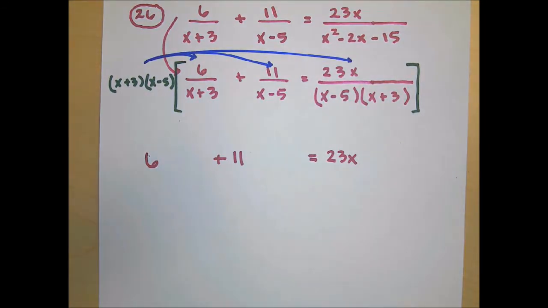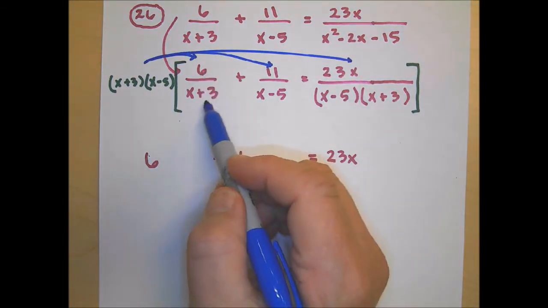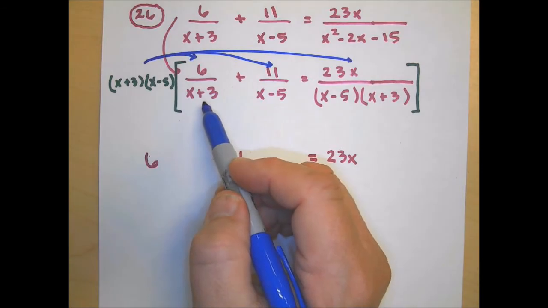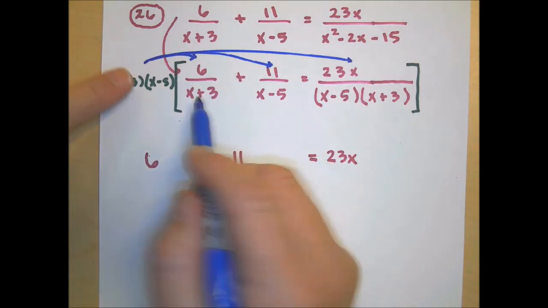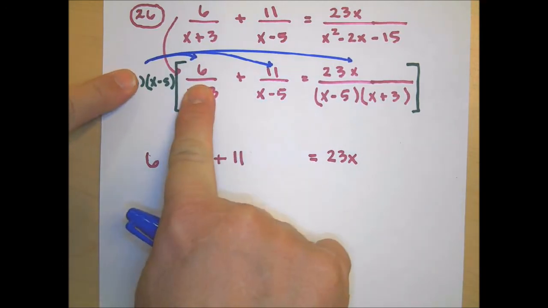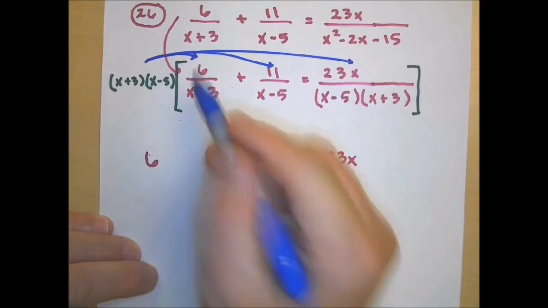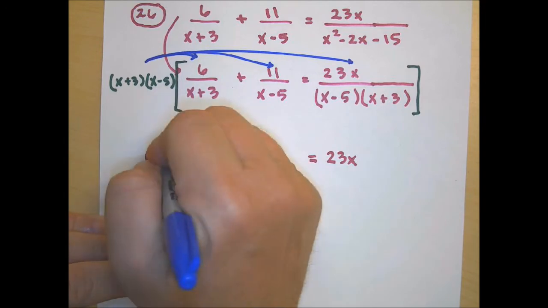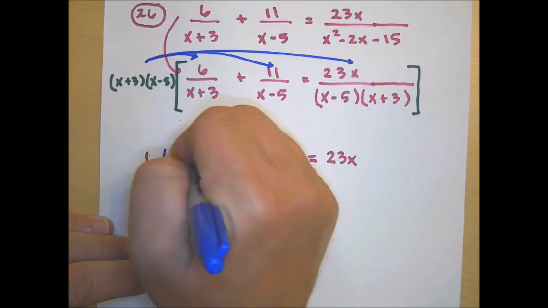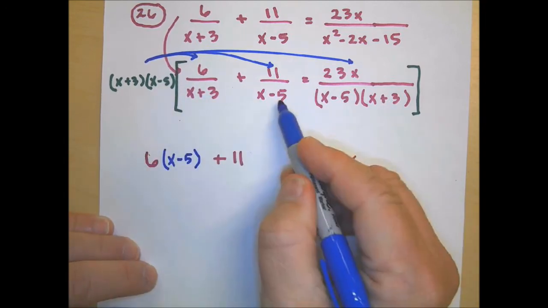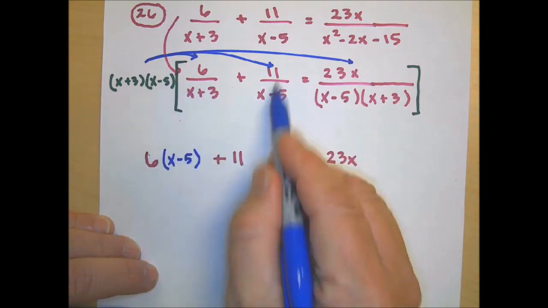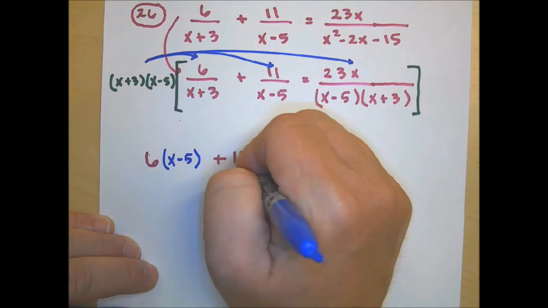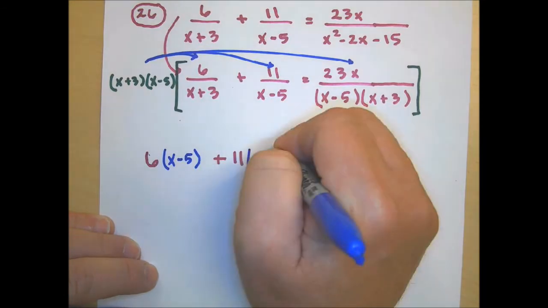Now, at every single term, something's going to cancel. So on this first term, it's going to be the x plus 3's that cancel. So the only thing left would be 6 times the x minus 5. On the second term, it's the x minus 5's that cancel, so it would be 11 times x plus 3.